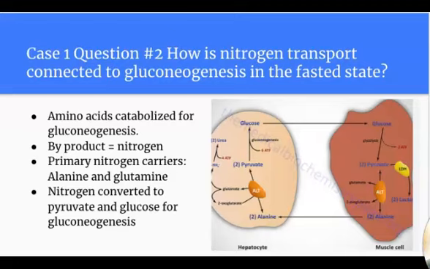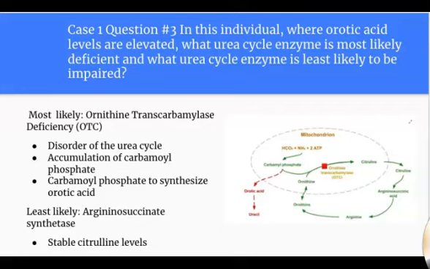Question 3 asks, in this individual where orotic acid levels are elevated, what urea cycle enzyme is most likely deficient and what urea cycle enzyme is least likely to be impaired? The elevated orotic acid levels associated with normal plasma citrulline levels suggest a deficiency in the enzyme ornithine transcarbamylase, known as OTC.